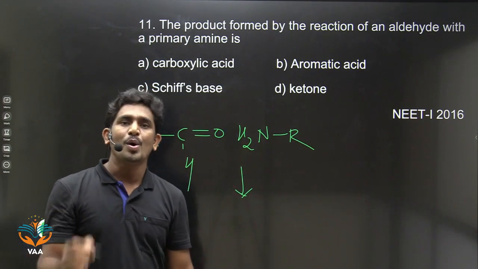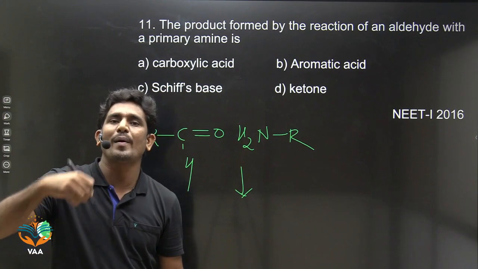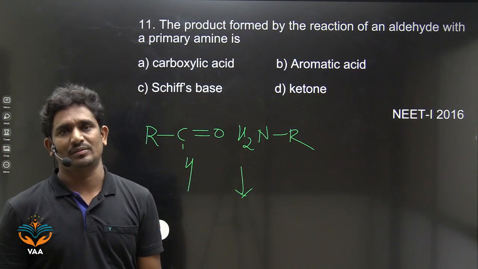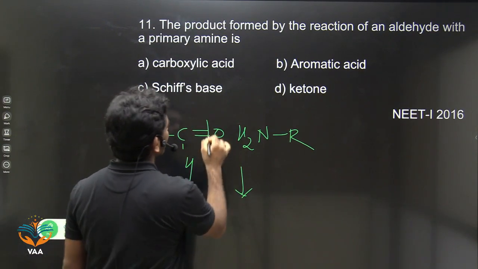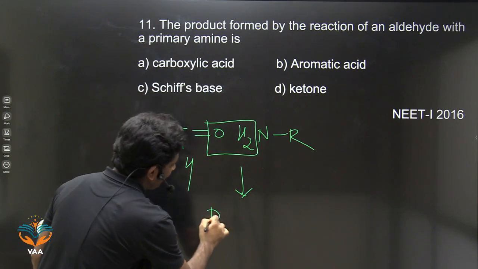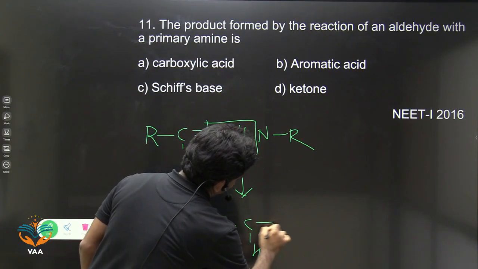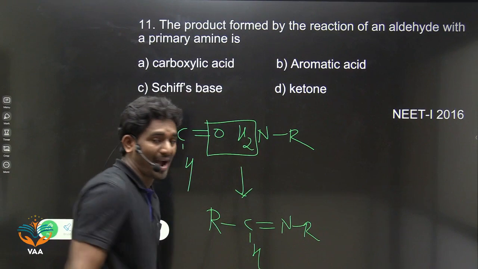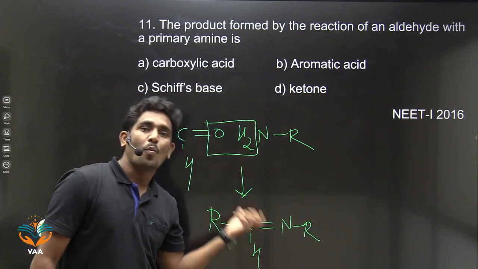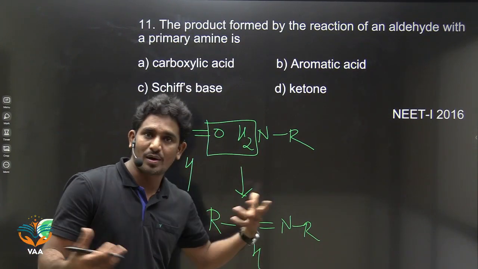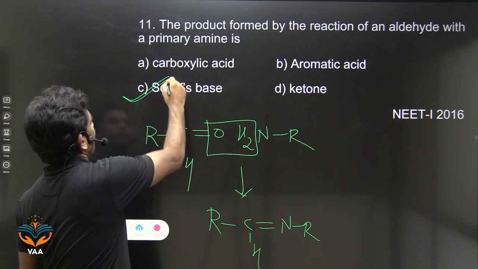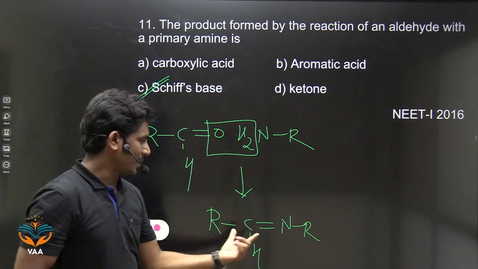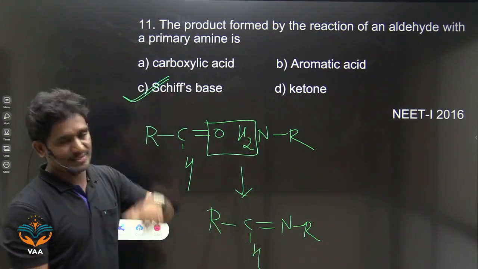It will follow nucleophilic addition followed by an elimination reaction. Very important. Remove water from this, you will get imines. What are these imines? Imines are also called Schiff's bases.